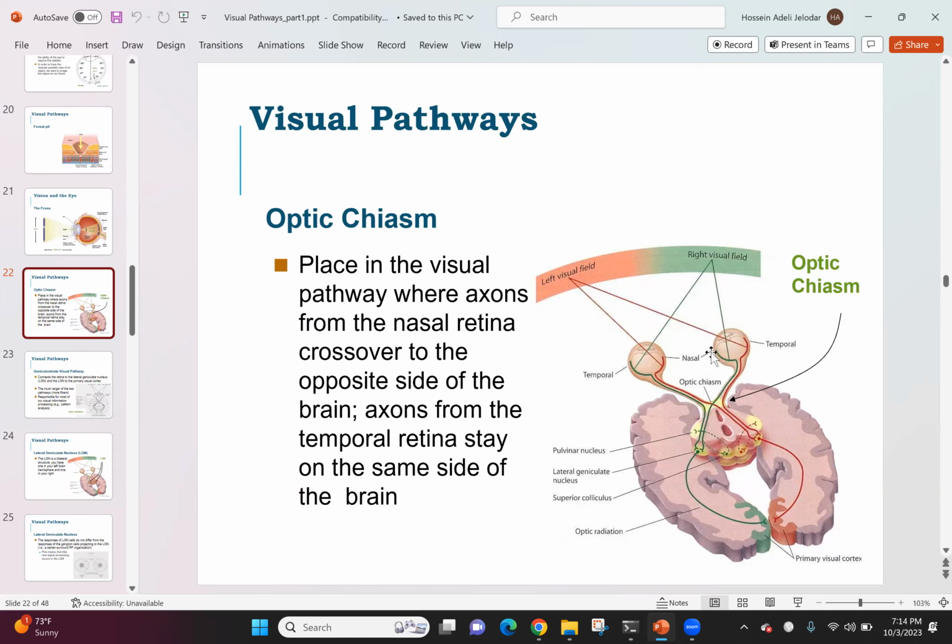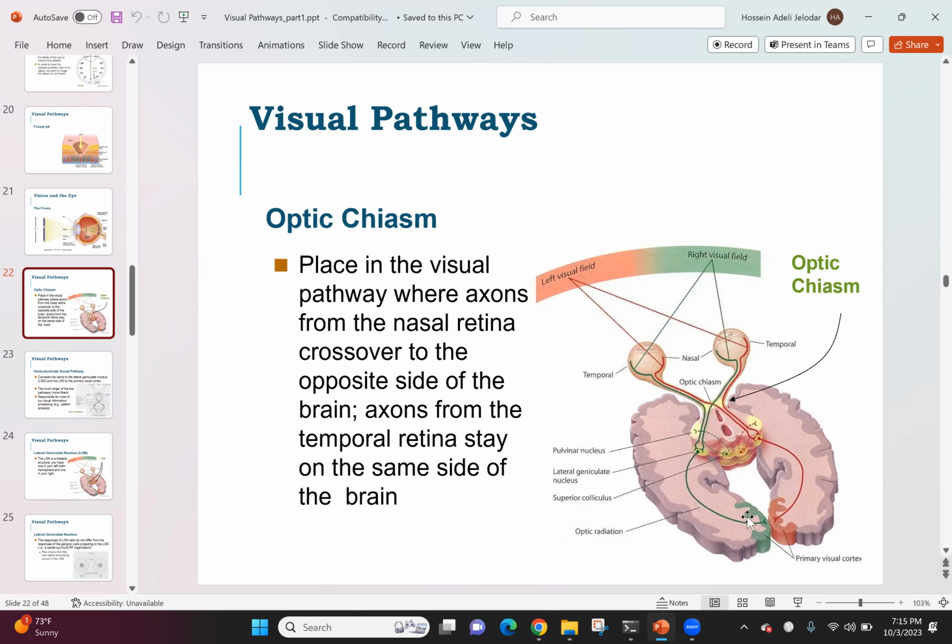All the visual input from the right visual field, which is in green, gets gathered at a place called the optic chiasm, goes to the LGN, the lateral geniculate nucleus, and together they go to the left hemisphere of the brain.